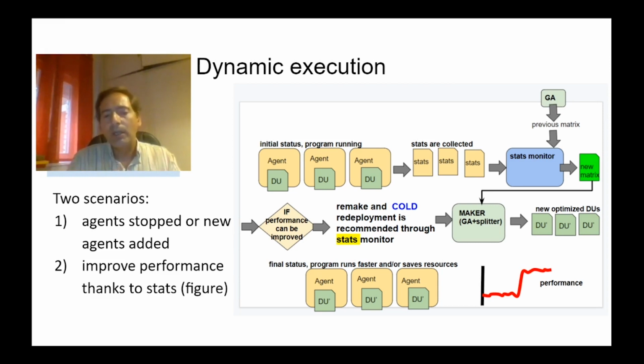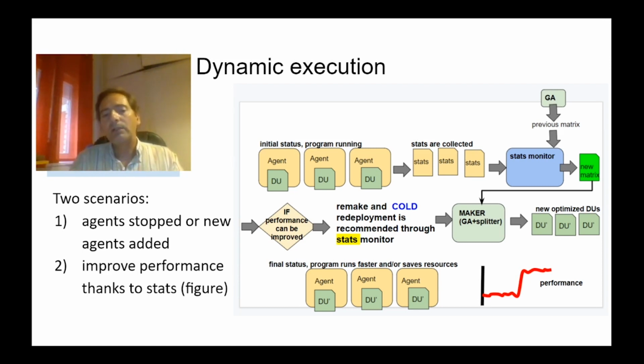In the same way, when an agent stops, the deployable units which this agent had rely on the rest of the agents. So redeployment is performed during execution in order to continue execution, even if some agents stop. If some agents are added in real time, the execution doesn't stop.